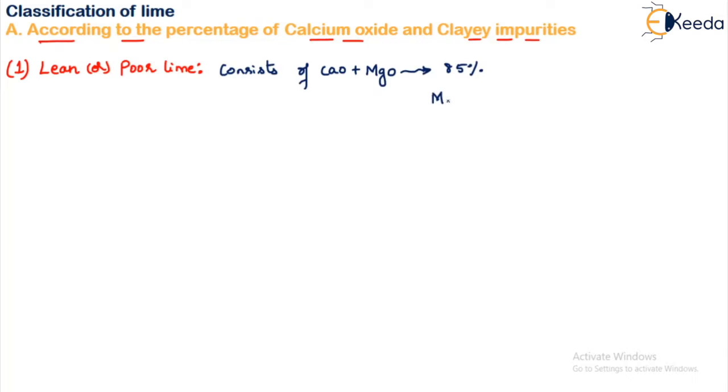In this, the MgO should be less than 5%, and the clay impurities of more than 7% will be in the form of either silica, alumina, or iron oxide.